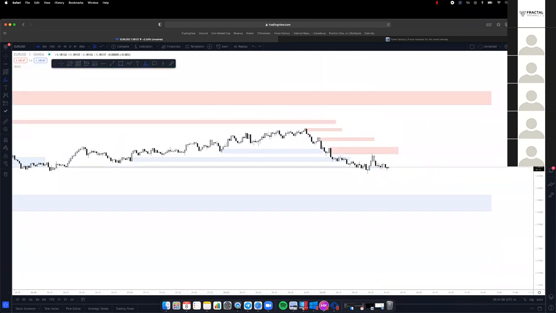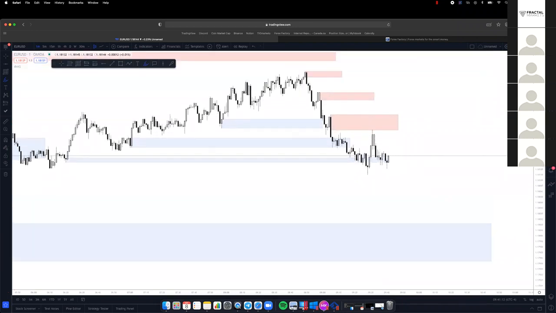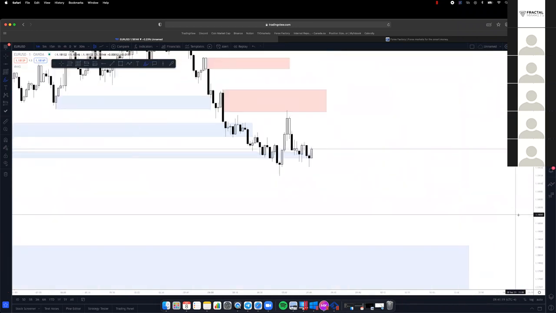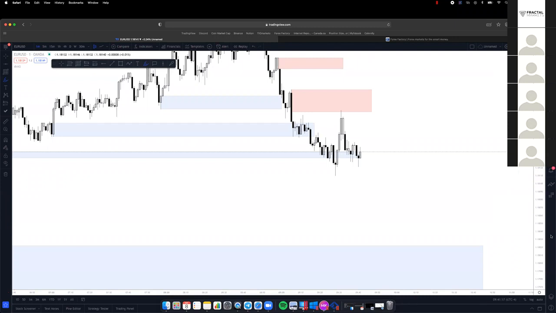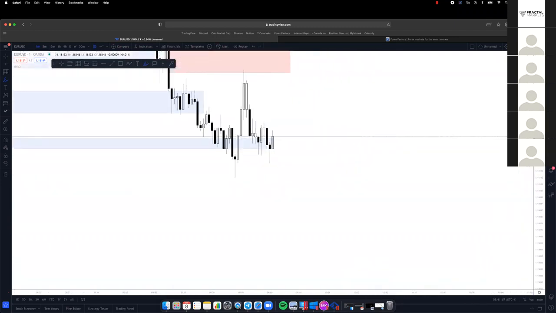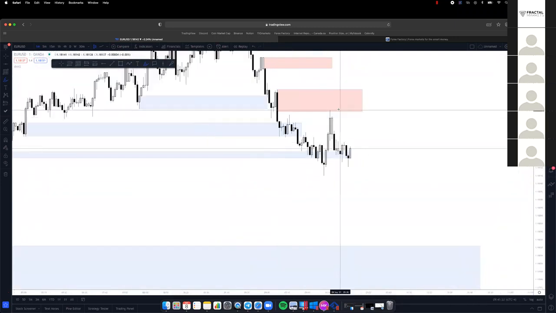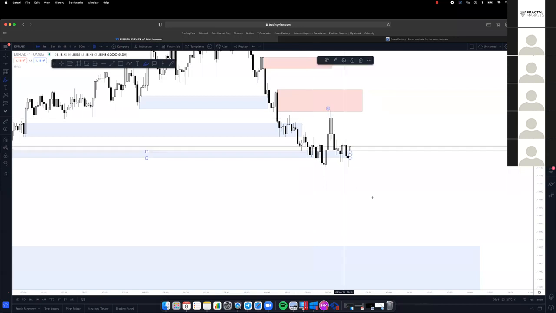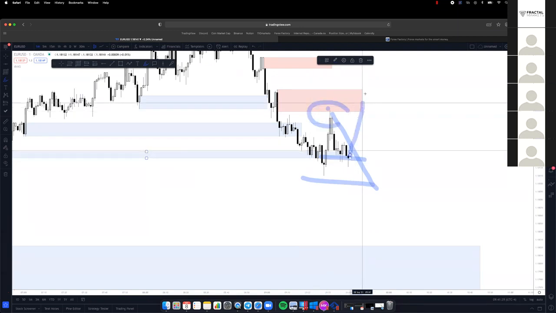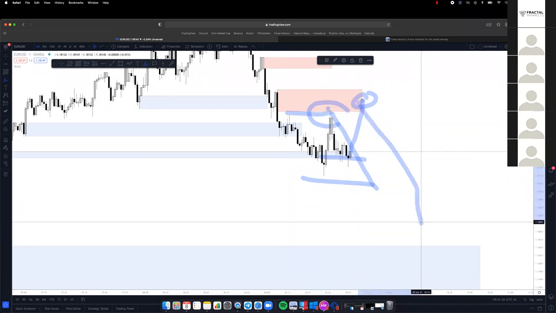Price just needs to tap the zone to mitigate it. This is subjective. Personally, I don't care if it does the 50%, as long as it taps in. If we've tapped in and ran away from it, and we don't break a demand level from supply, then there's a chance that we can come to mitigate a little bit higher, especially if this was equal highs or something like that, and then we could maybe plummet from here.